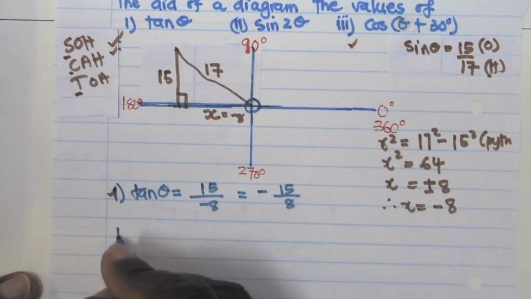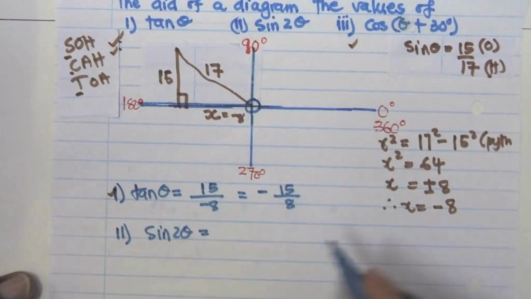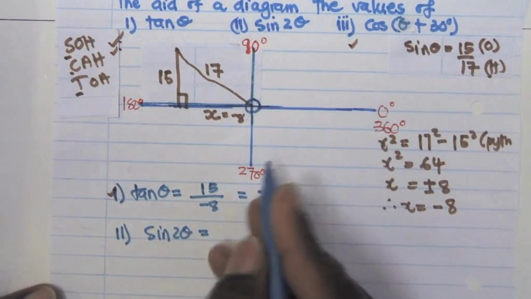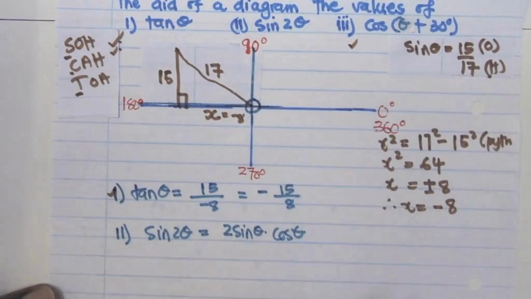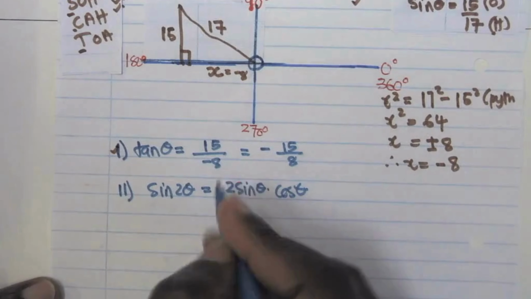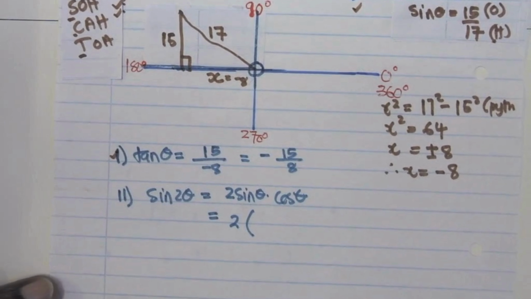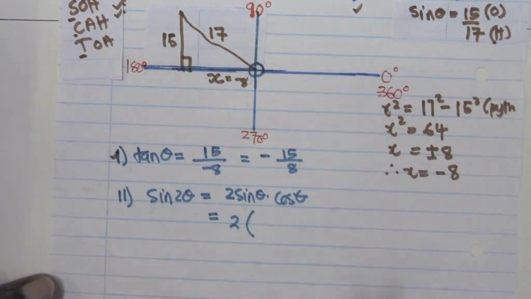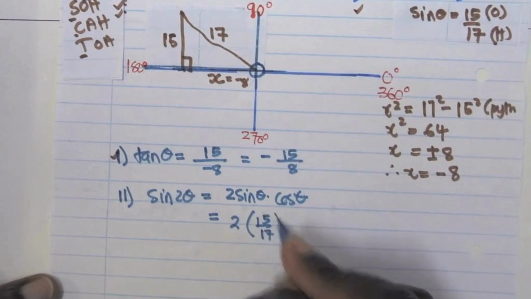Then part 2, I need to write the identity. And then after writing down the identity, I need to substitute. And according to the diagram, sine theta is 15 over 17.